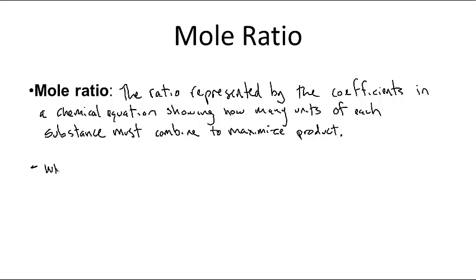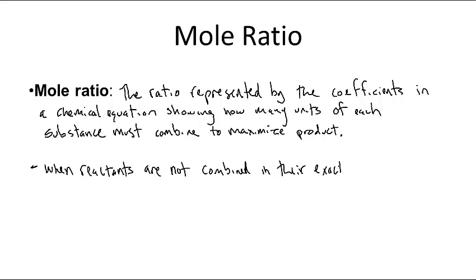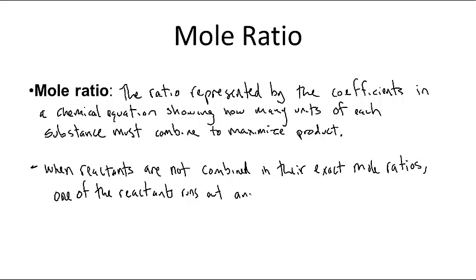So what this means is when reactants are not combined in their exact mole ratios, one of the reactants runs out, and the other is left over. The one that runs out first is the limiting reactant.